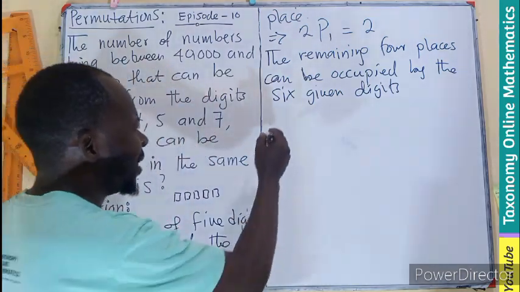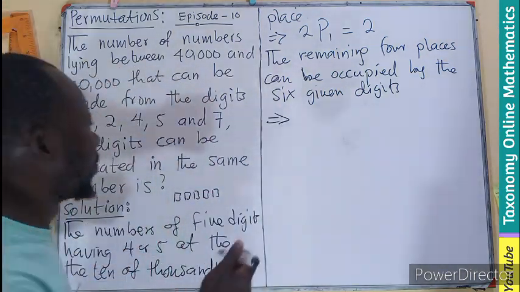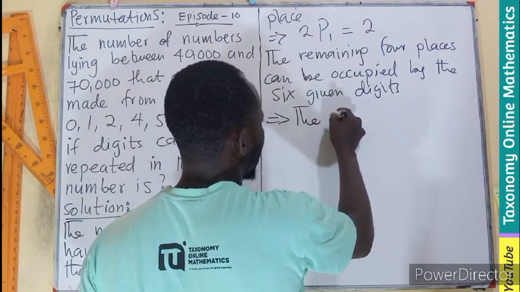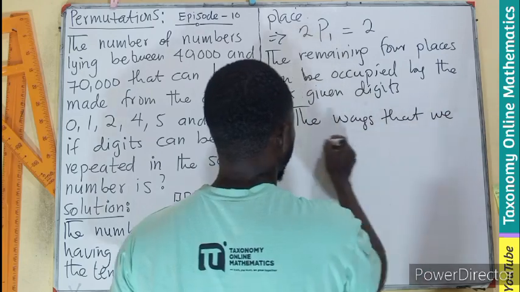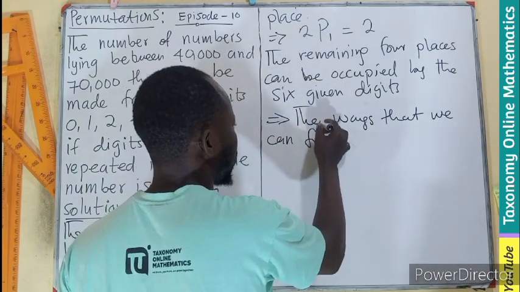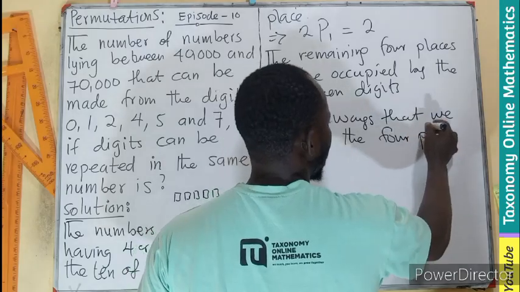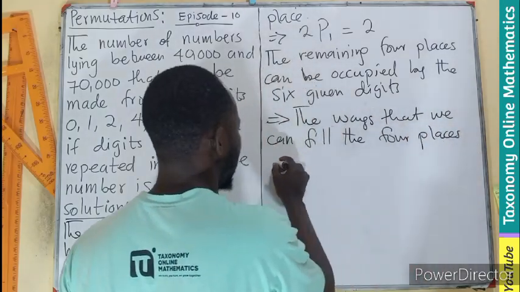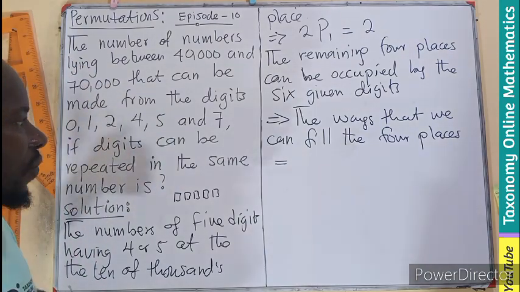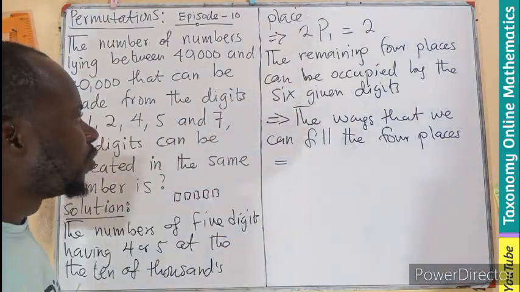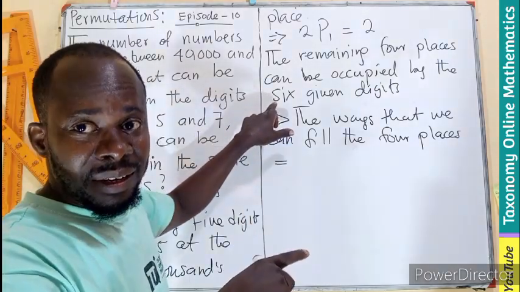What it means is that the number of ways we can fill the 4 places is going to be, we are picking from the 6 numbers.